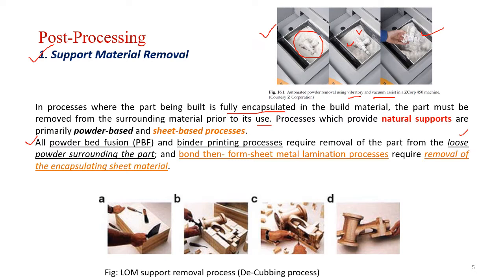Similarly, in case of a LOM process, or a sheet lamination process, we need to remove the encapsulated sheet materials. Here we can see the paper sheet or the laminated sheet encapsulating the part. The decubing process takes place with the help of a knife, chisels and sharp tools.